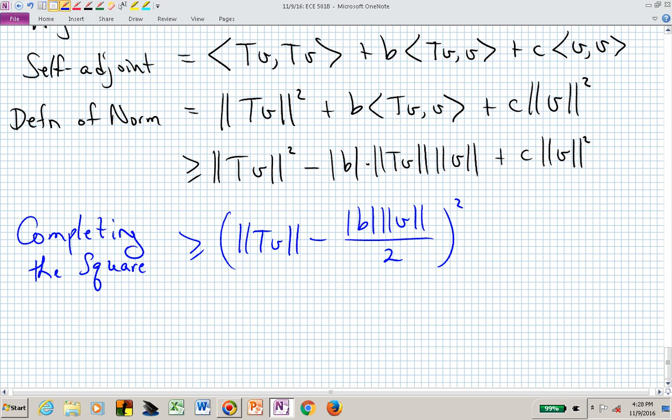But if I square this, what's the third term that comes out of that square? It's a plus the quantity B norm V over 2 squared. So I need to subtract that, since it will be a plus. So now I have to minus the following. I have the norm of B squared, the norm of V squared over 2 squared, which is 4. And I can't forget what I had up above, which was C times the norm of V squared.